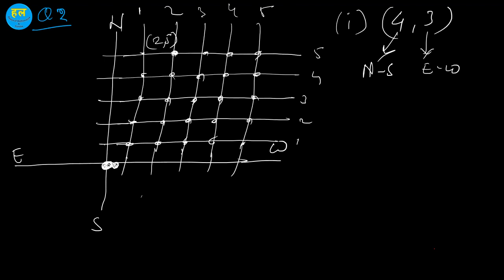So the north south 4th street will be this one, and the east west third street will be this one. So the cross street will be this one, this will be our 4 comma 3.